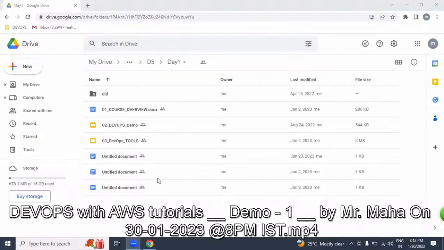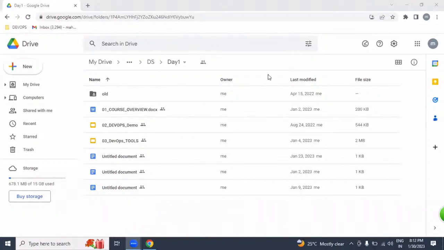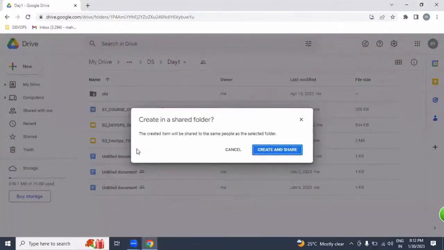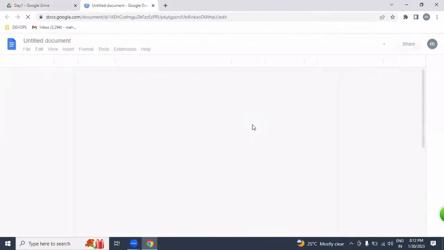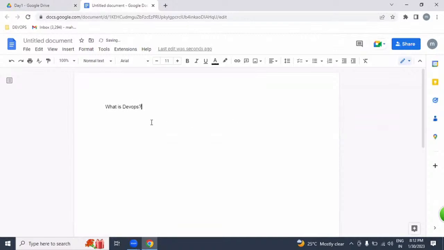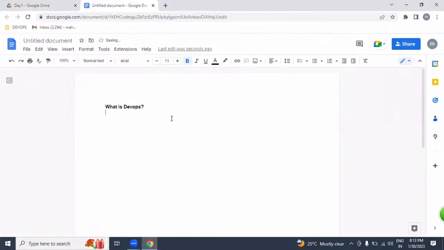Before starting the session, first let us fix our agenda, what exactly we are going to discuss in today's session. Today our agenda is what is DevOps. We are going to understand exactly what DevOps is today.